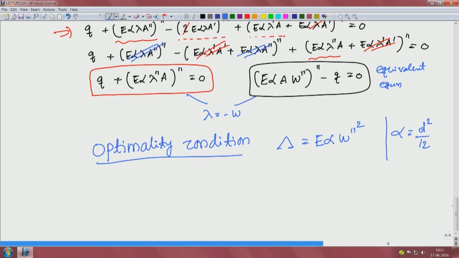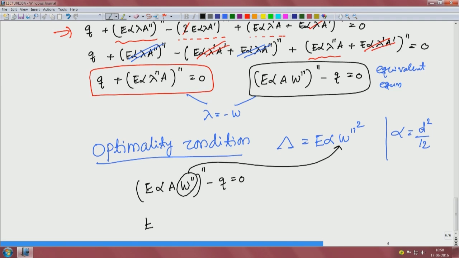but it does help us compute the area of cross section because we know the equilibrium equation, which is E alpha A W double prime minus q equal to 0. Now, from here we can substitute for W double prime, okay.